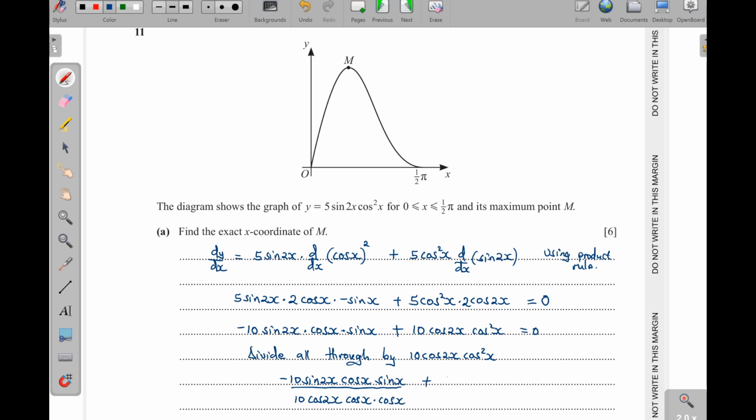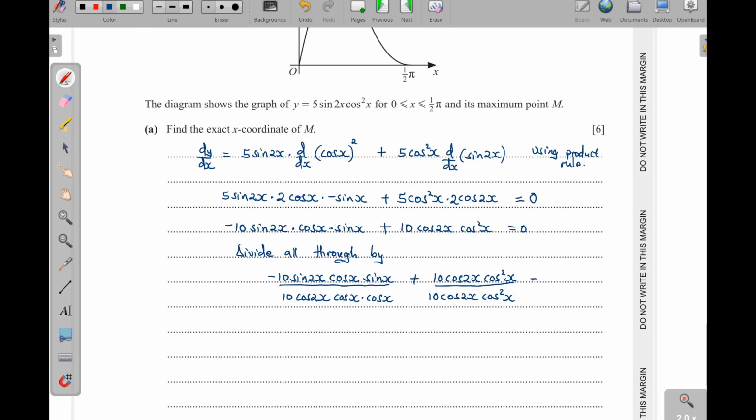Then plus, we have 10 cos 2x, then cos squared of x, then you divide this by 10 cos 2x, then cos squared of x.